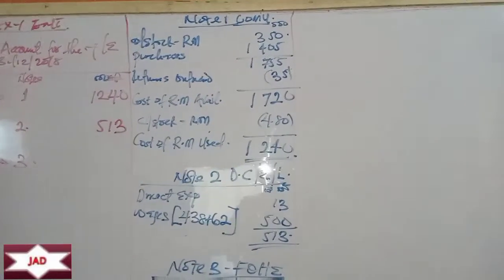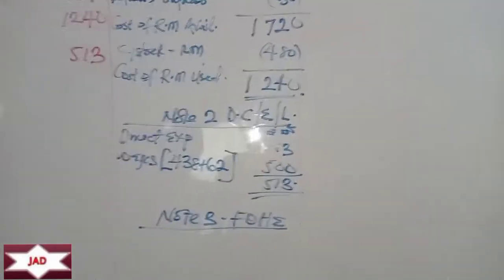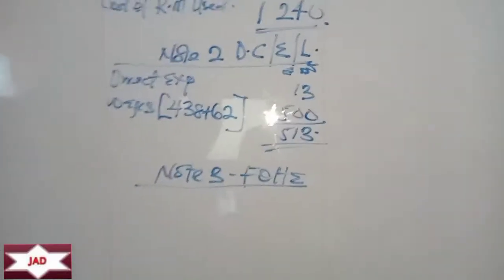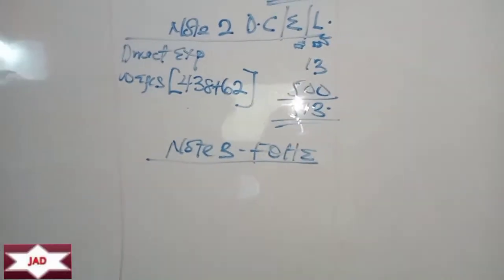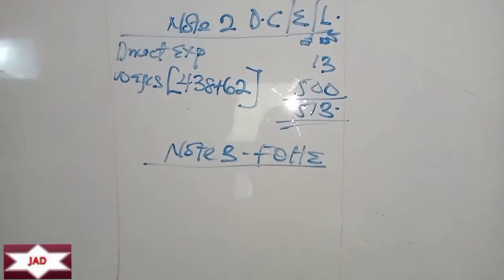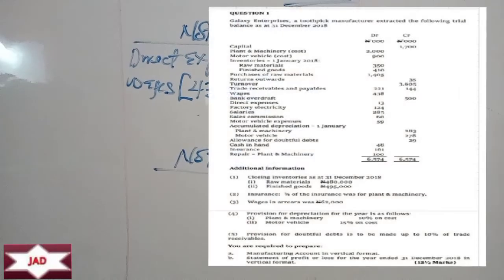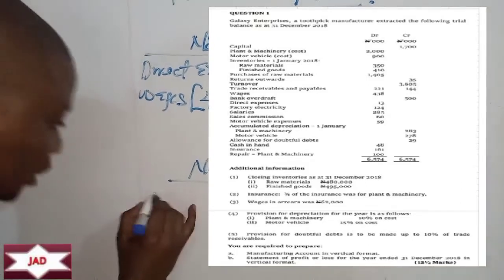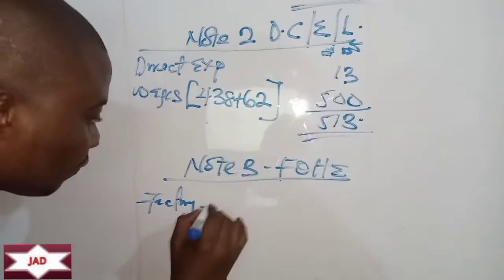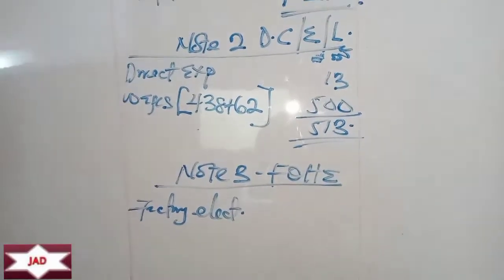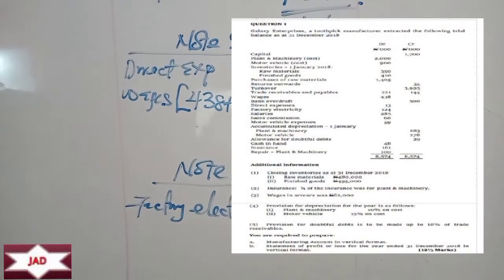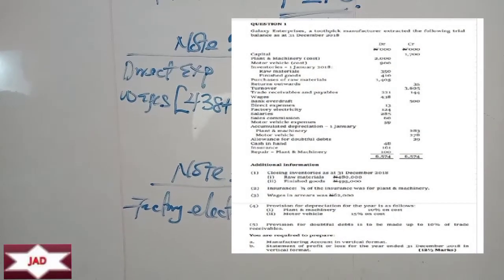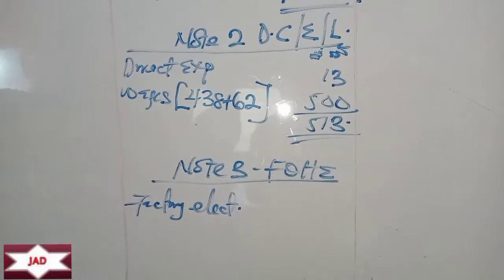So there I can see factory electricity, which is 124,000. Is there any information on factory electricity? No, there's none. Factory electricity here, according to the question, is 124,000.